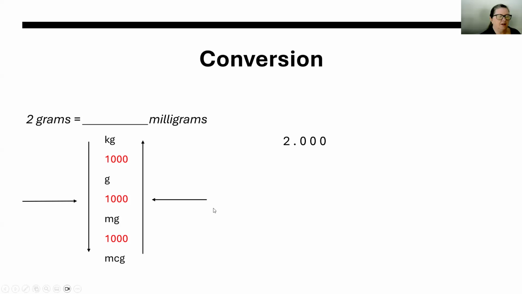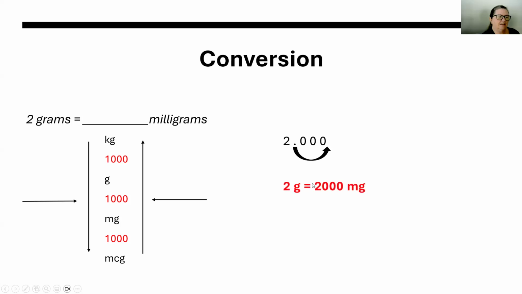Now, the number of places that you move that decimal depends on what the difference between the two units is. In this particular instance, the difference between our units is grams to milligrams. How many zeros are there in between? There's 1, 2, 3. All we have to do is move our decimal 1, 2, 3 places.